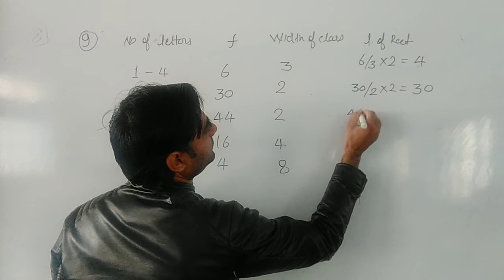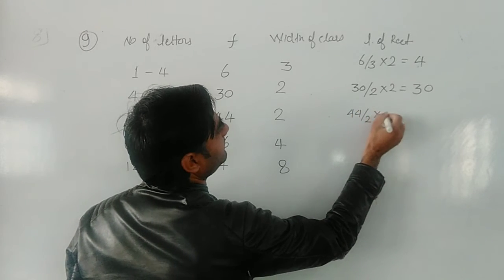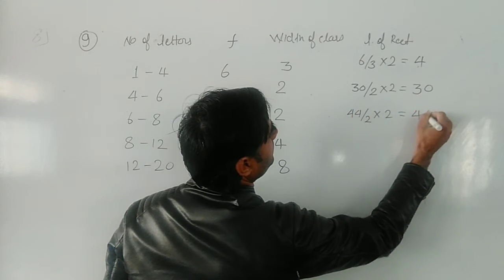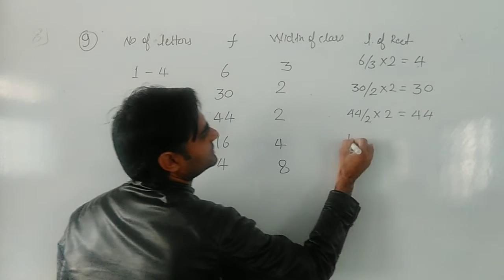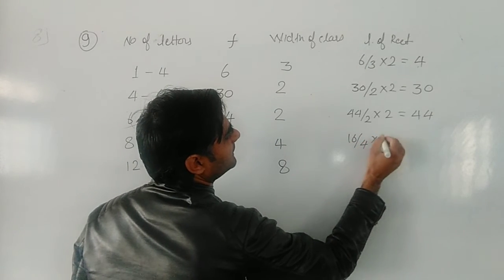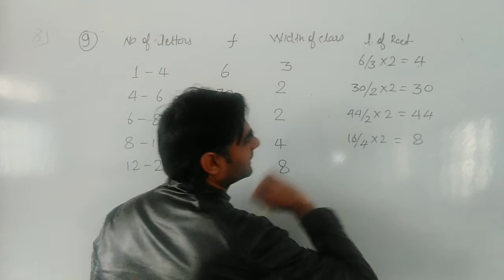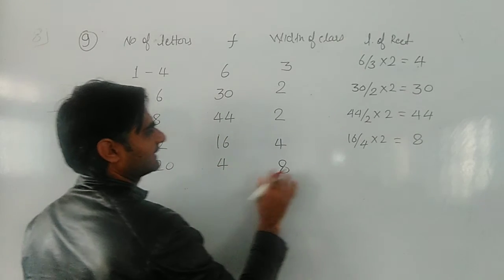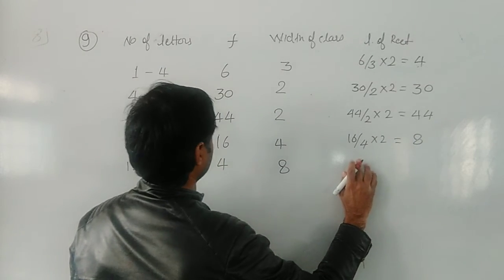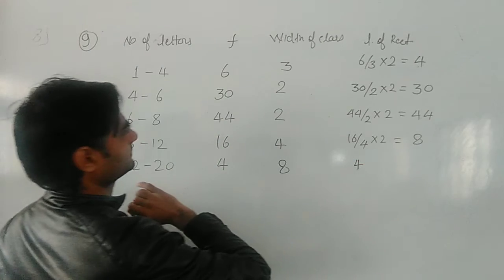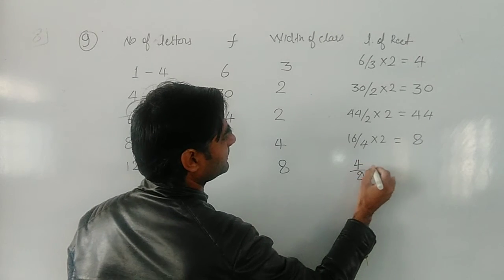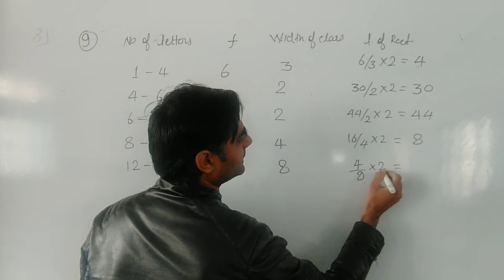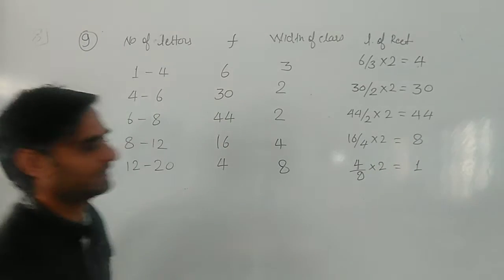Then 44 divided by 2 multiplied by 2. What will come? 44. Then 16 divided by 4 multiplied by 2. What will come? 8. And then finally this one, 4 upon 8 multiplied by 2. What will come? 1. Right?